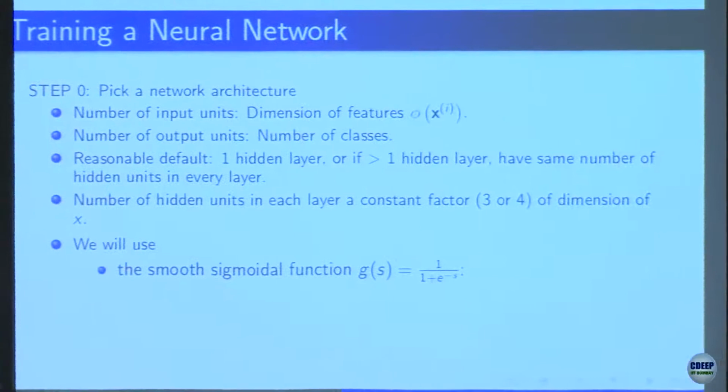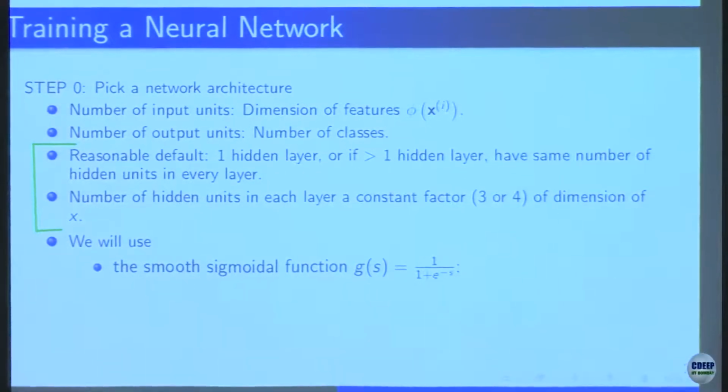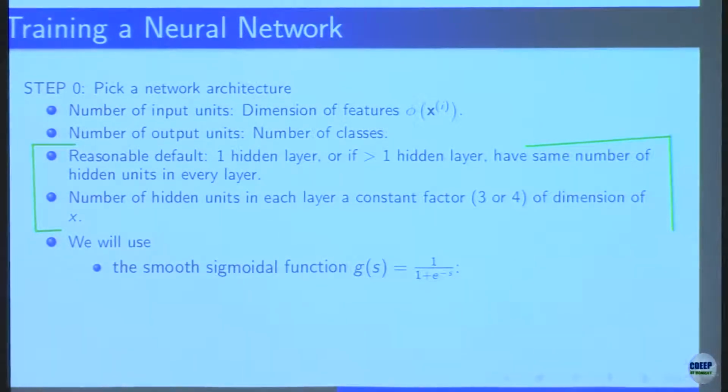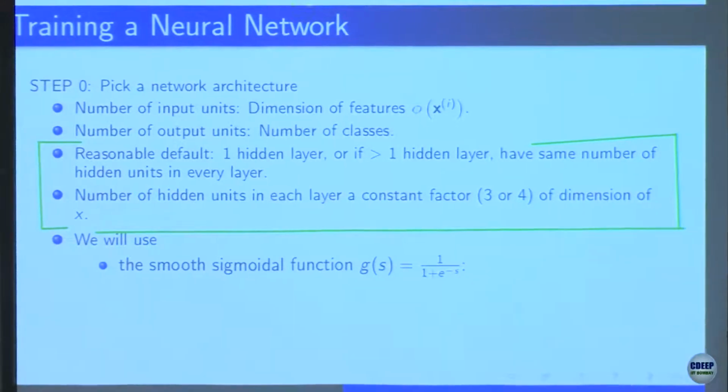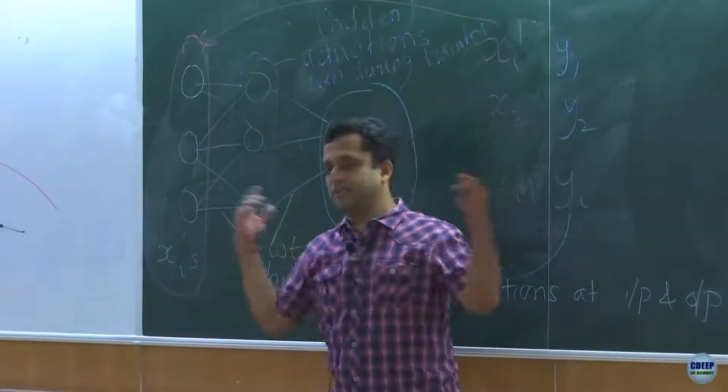We have the inputs, the outputs, number of classes, and you design the hidden layer. Typically you design using one or more hidden layers, and typically the number of hidden units are of the same order. So this is, I would say, a general rule. Number of hidden units in each layer is a constant factor of the dimension of x. They are of the same order. You won't have x in hundreds and then the number of hidden units in a layer in the order of say tens of thousands.